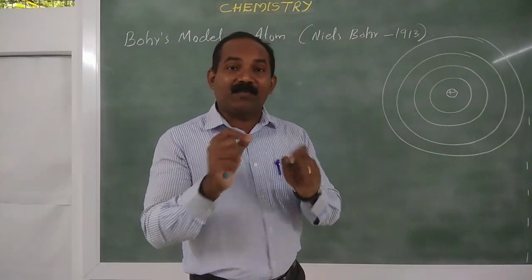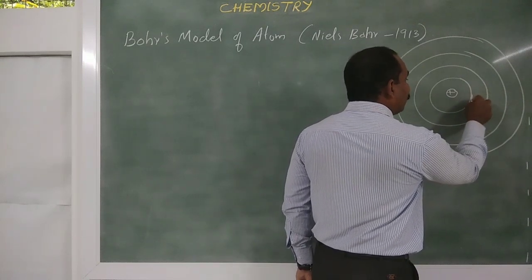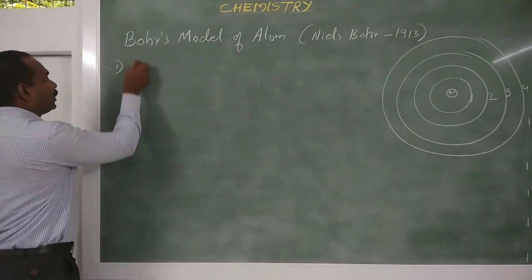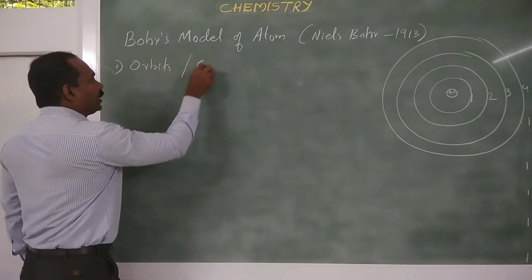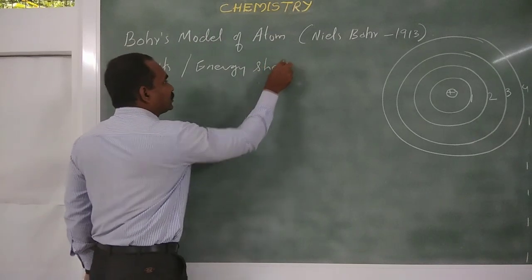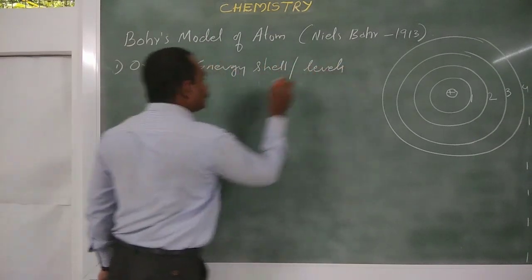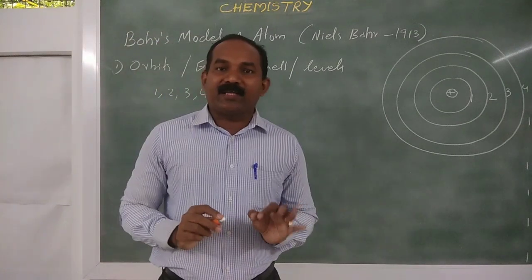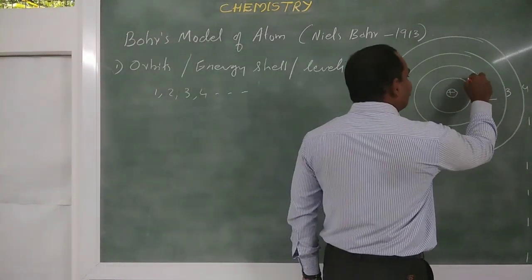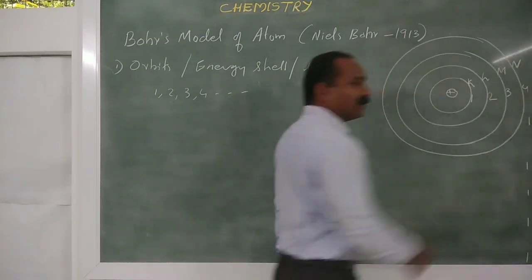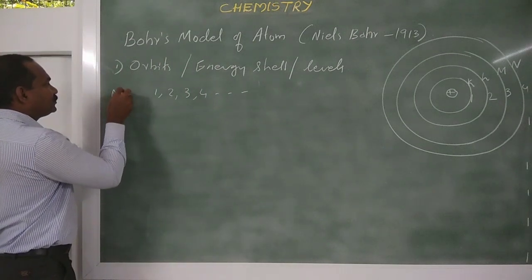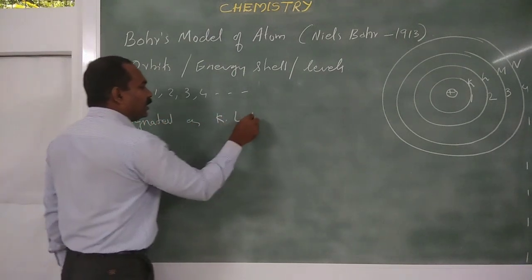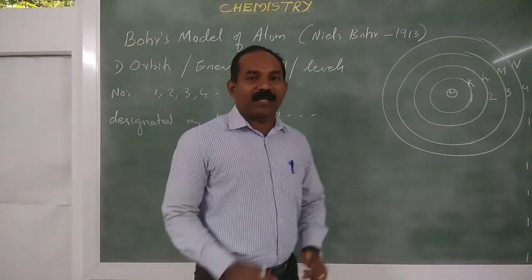The energy levels are numbered as 1, 2, 3, 4, etc. and are designated as K, L, M, N, etc. That's about the first postulate.